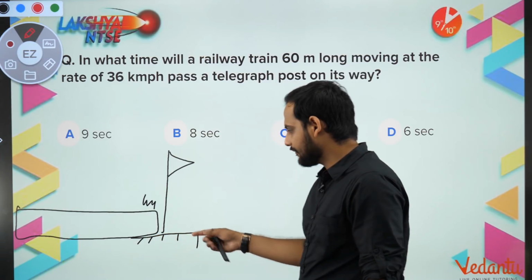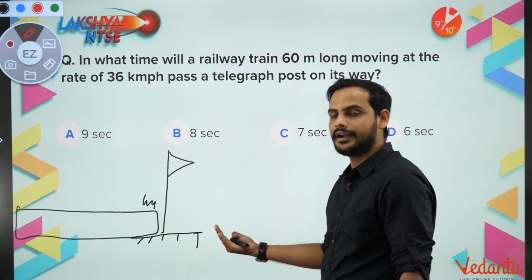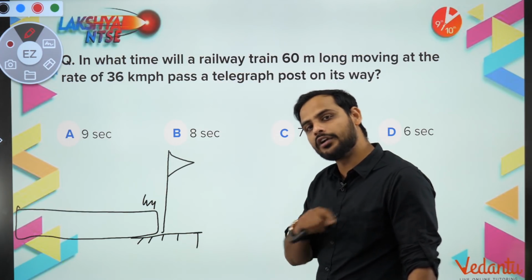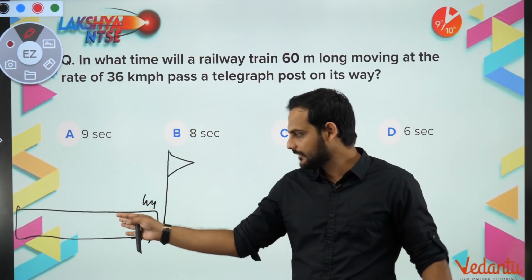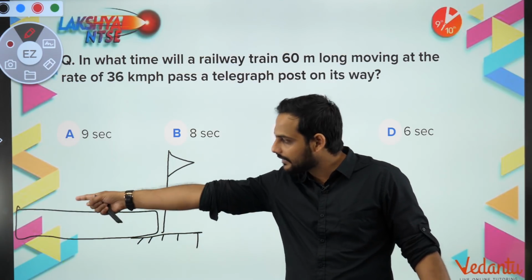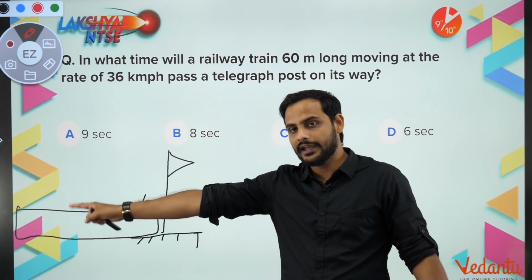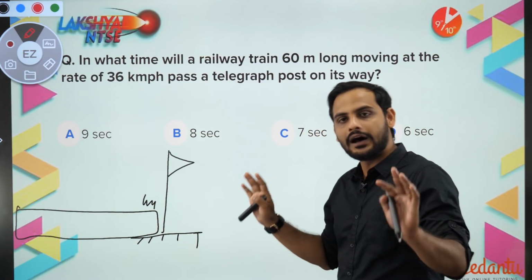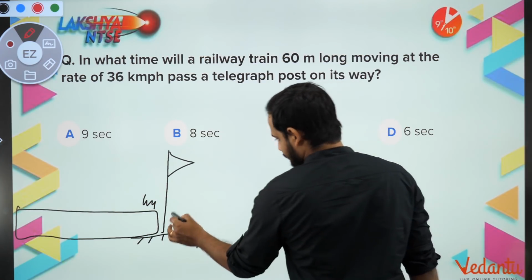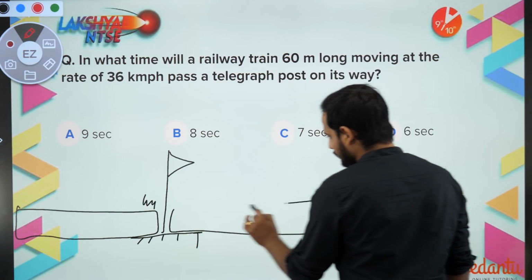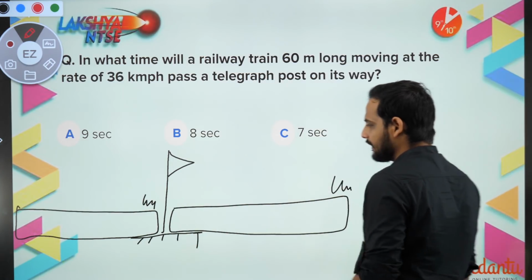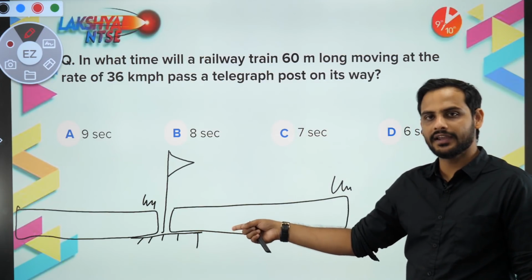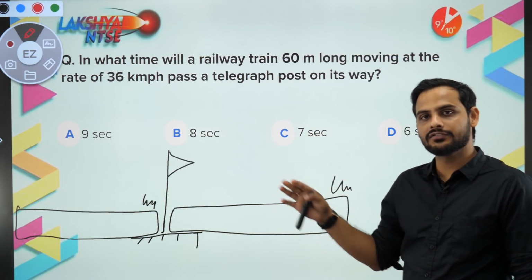No. If it moves ahead, in the middle also you will say no. When the last point of the train has also crossed, only then you will say that sir, the train has crossed the flag post.